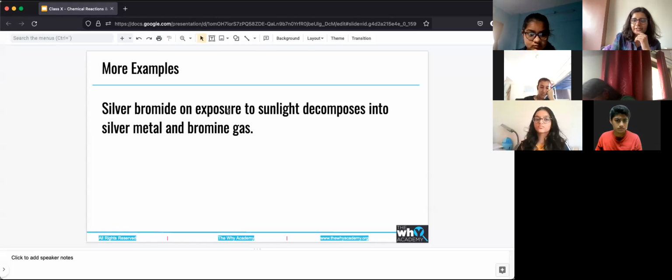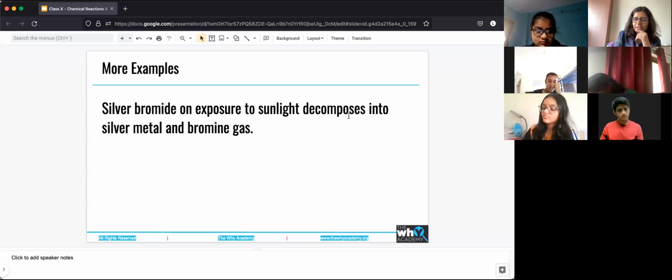Silver bromide on exposure to sunlight decomposes into silver metal and bromine gas.